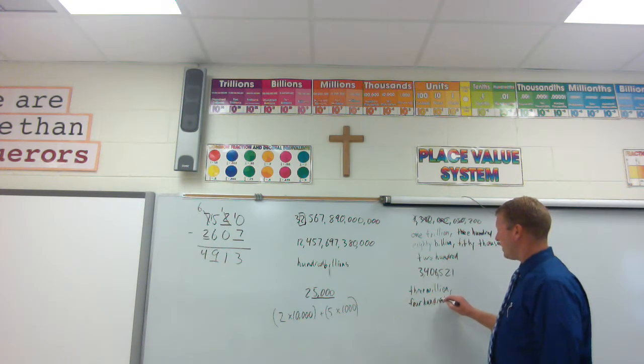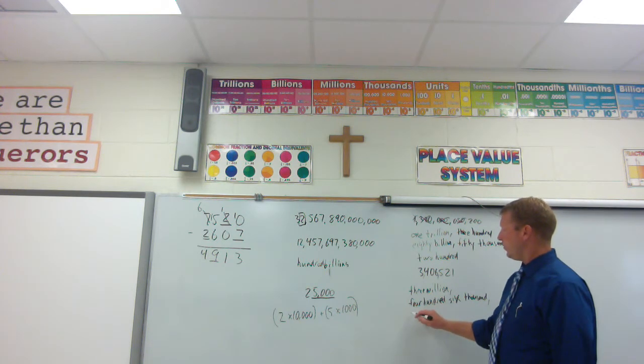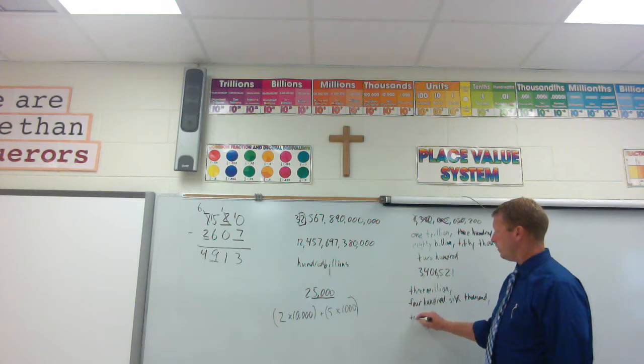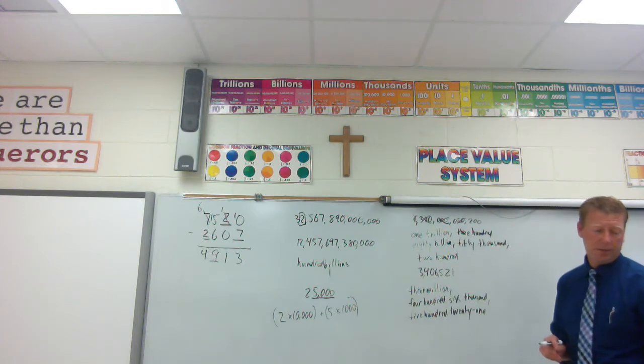Some people are tempted to say 406. Nope, 406, and it's in the thousands position. Comma. Last number is 500, twenty-one, and I need that hyphen that we just talked about, 521.